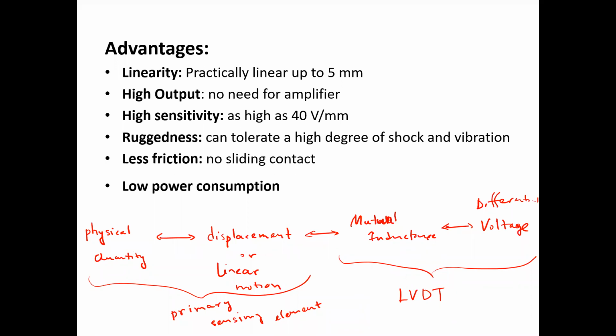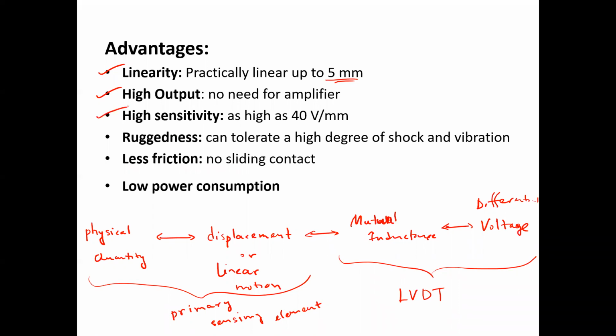The advantages of LVDT are highlighted over here: it has a linear range of operation up to 5 millimeters. Then the output voltage that we are getting is significantly high in magnitude. So there is no necessity of using a separate amplifier circuit to amplify the output voltage further.